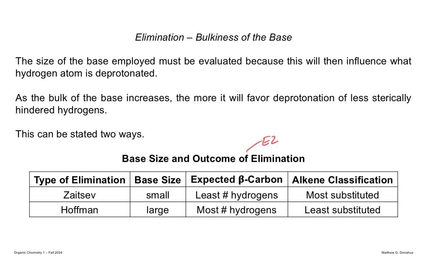A Zaitsev elimination is when you have a small base, and now this is where you got to visualize or imagine a smaller base. It can access all of the beta hydrogens, but more specifically, it's going to go for the beta carbon with the least number of hydrogens. And so the outcome of that is you get the more stable or more substituted alkene.